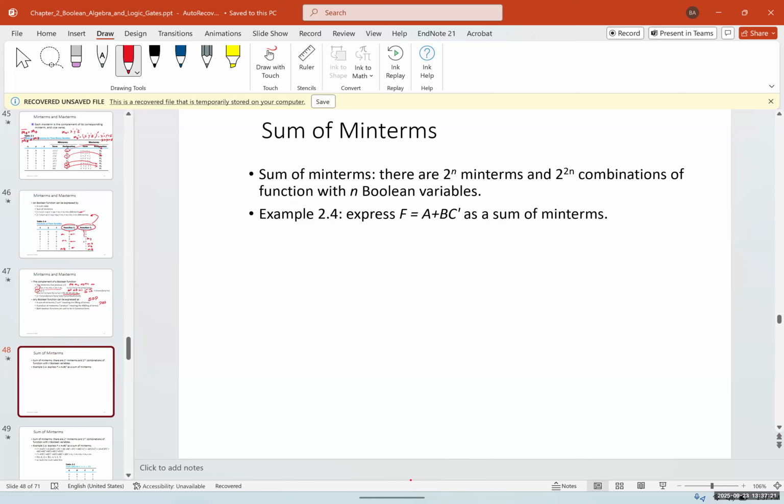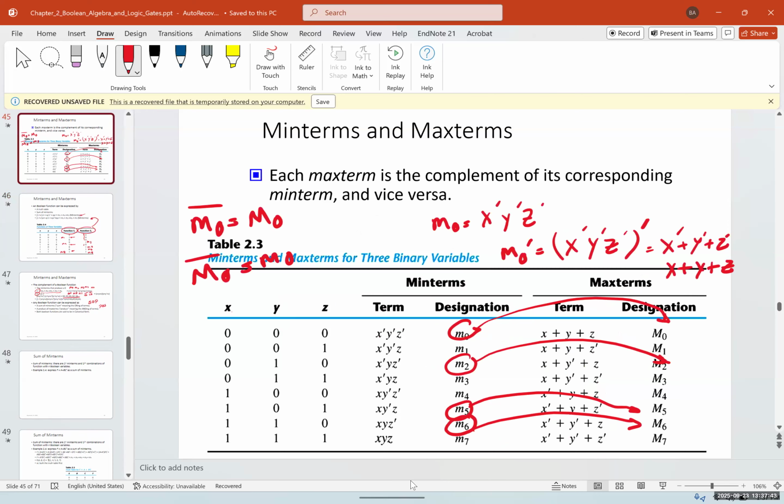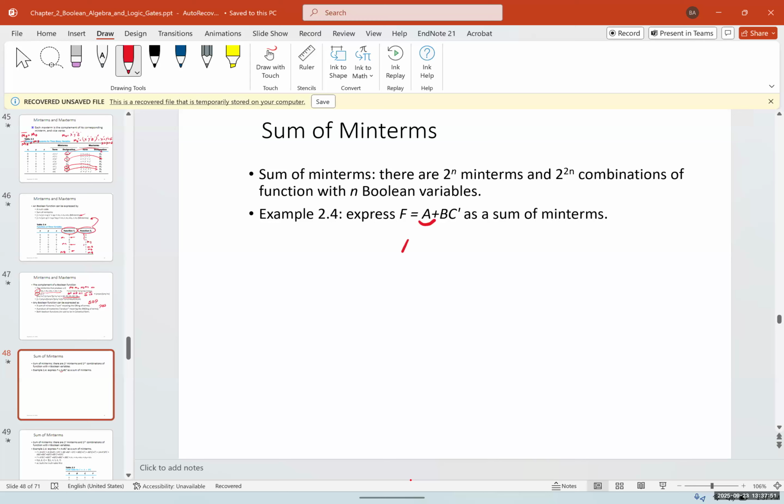So for example, we want to express f equal to a plus b c prime as a sum of minterms. To show this as a sum of minterms, we have to have at least 3 different minterms that have all the literals a, b, c. The first part, a, is missing b and c. So this is not a sum of products or sum of minterms.